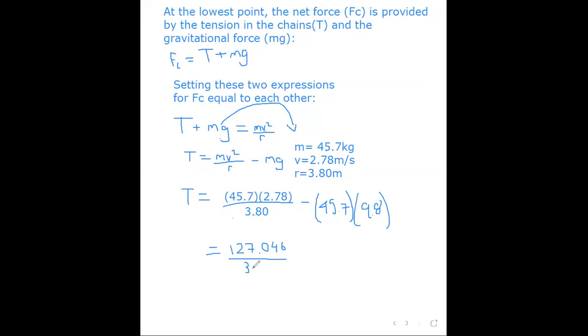So you'll divide that by 3.80, and then that's being subtracted by 45.7 times 9.8. So I got 447.86.